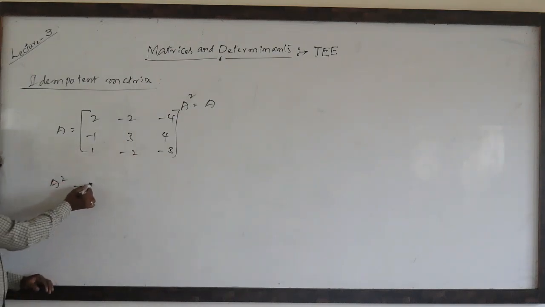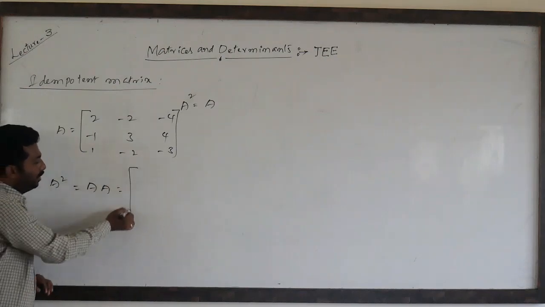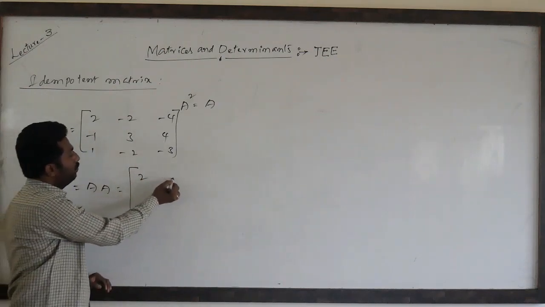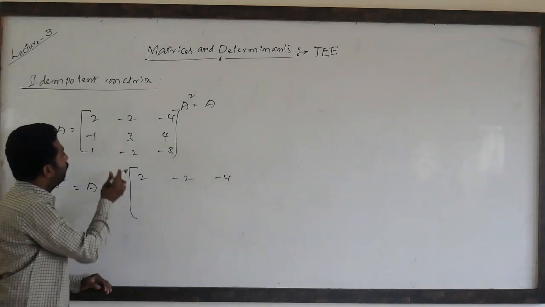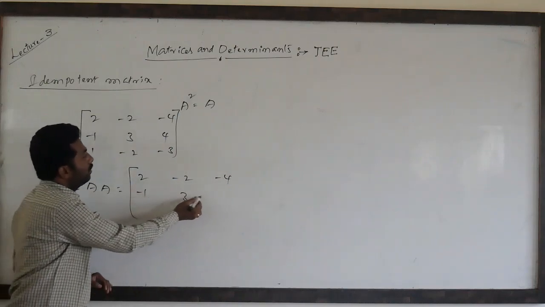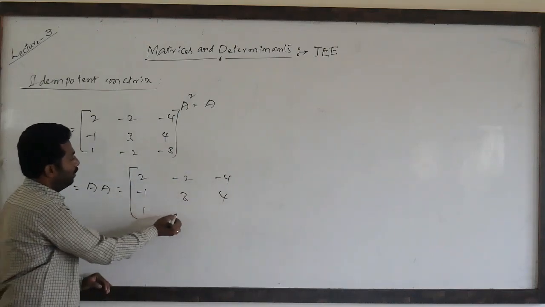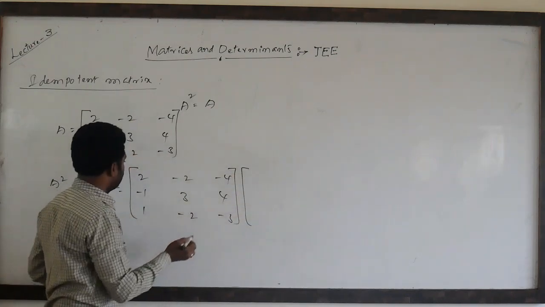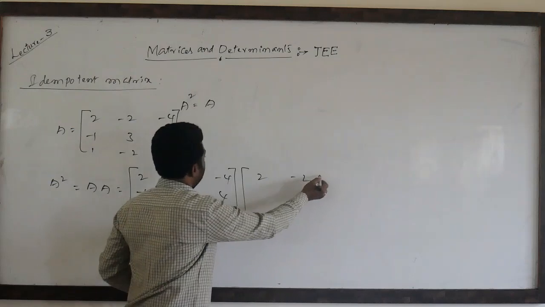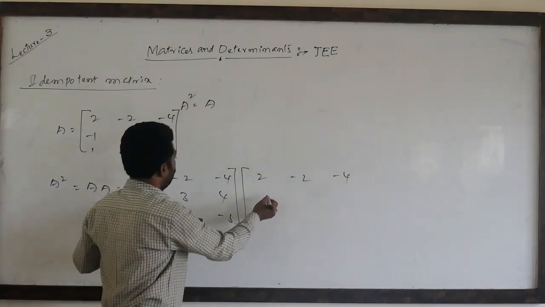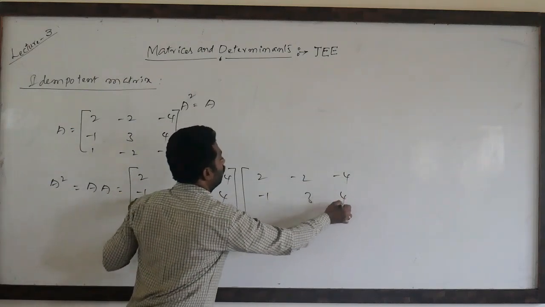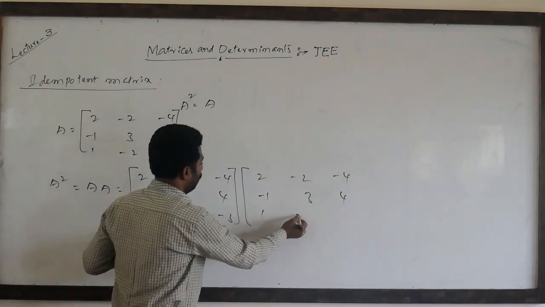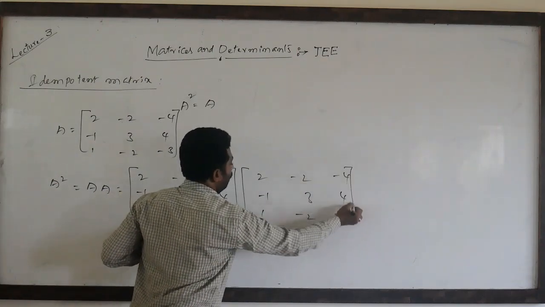A square is nothing but A into A. So the A matrix is 2, minus 2, minus 4, minus 1, 3, 4, 1, minus 2, minus 3, times the same matrix again.